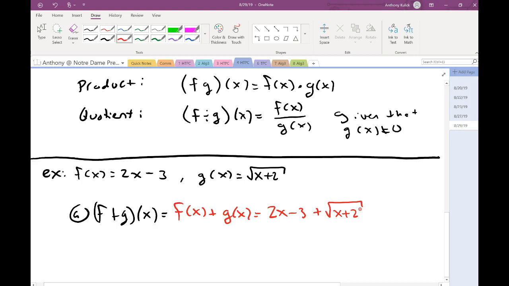And now all I'm left to do is to simplify or combine like terms here. Is there anything I can do? No, this is as good as it gets. I'm done. That was shockingly easy, right? Everybody's okay with that one?